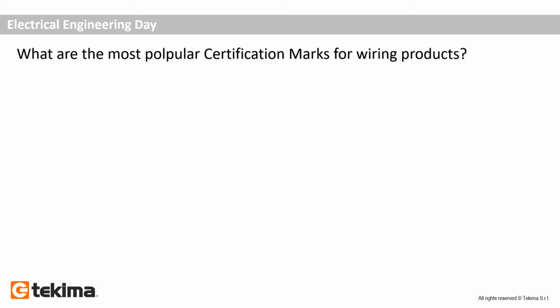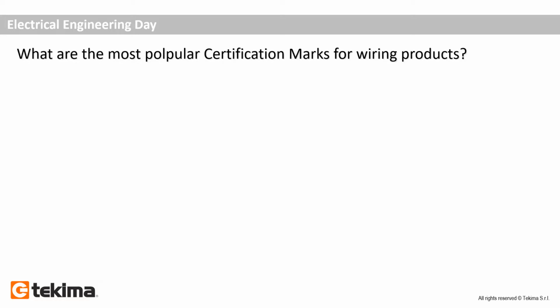Up to now, we have seen which rules have to be applied to our machinery or plant. Right now, it is necessary to consider the products and related mandatory certification that we will use over our machinery or plant.